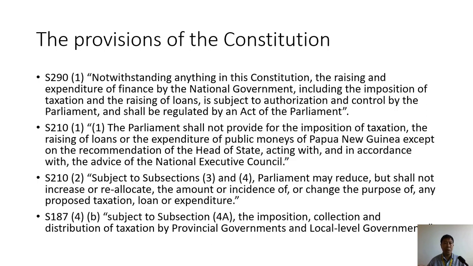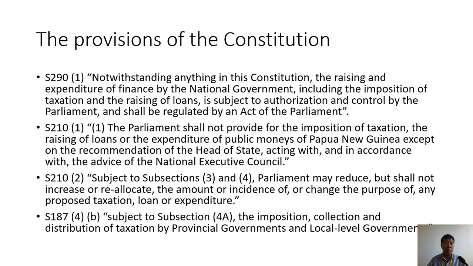Although Parliament has the power of taxation, they cannot impose it or raise loans without recommendation from the head of state, and there will be advice coming from the National Executive Council. So Parliament cannot just say we have to raise or impose additional tax or raise loans. There should be a basis for that.